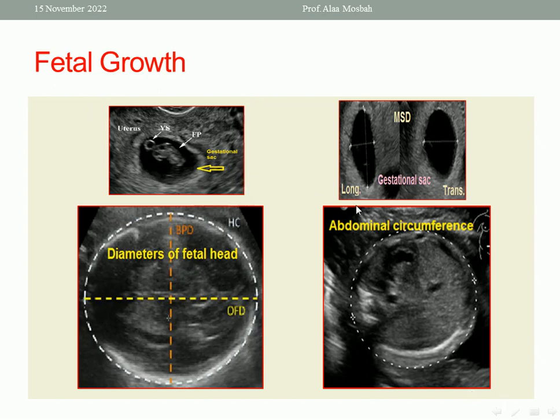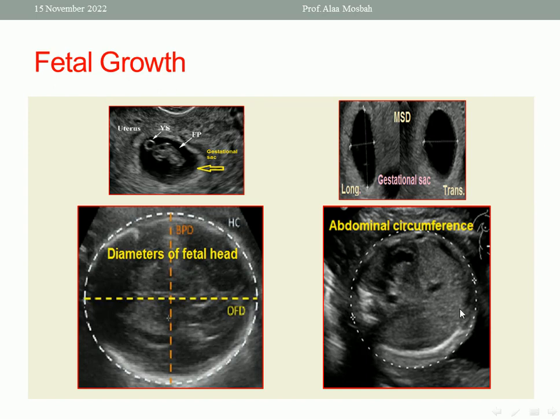Look at this picture. This is the biparietal diameter, as you see here. This is the occipitofrontal diameter, and this is the head circumference in white. This is the abdominal circumference, and this is very important because it is one important item in the formula for measuring the expected fetal weight.